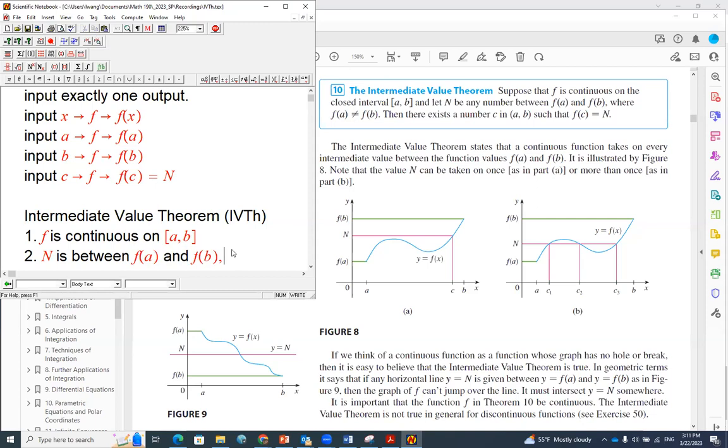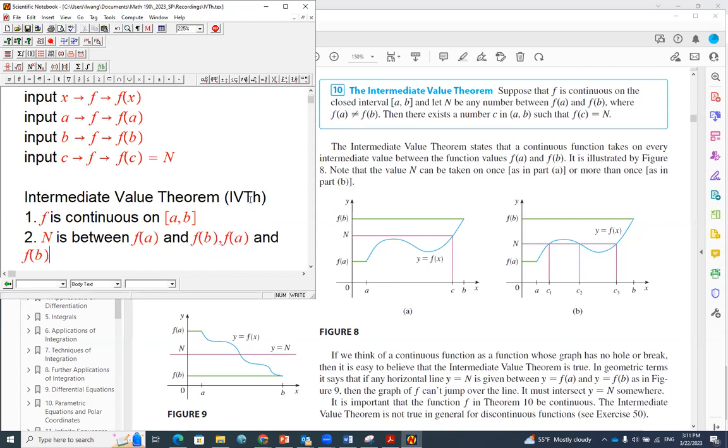So they're not the same. So we're going to put a not equal sign in between these two. So I'm going to try to make it shorter, but these are the two conditions.